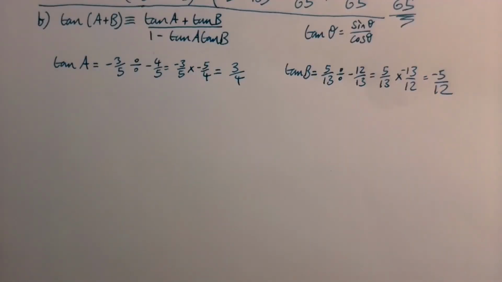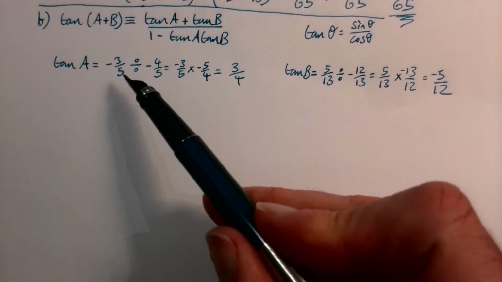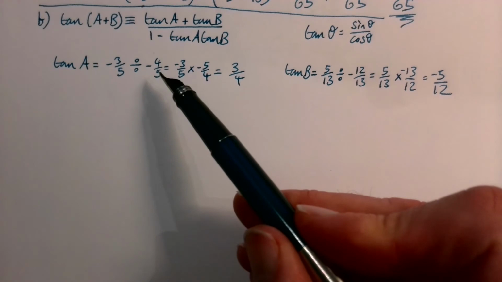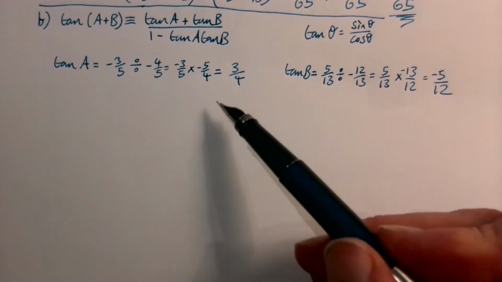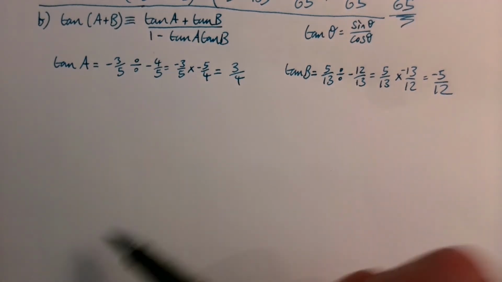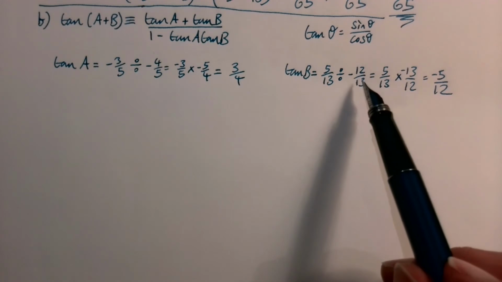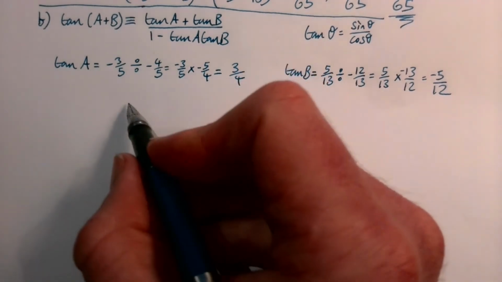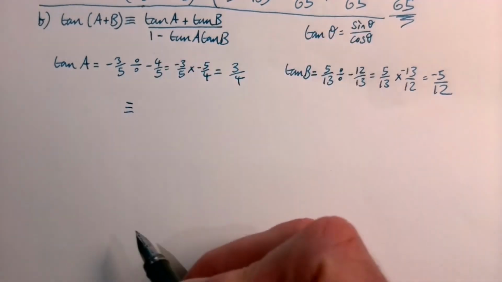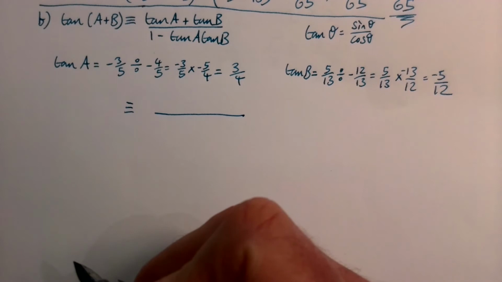So as a first step, you should have this. To find tan A, you take your sine A, which was -3/5, divide it by your cos A, which is -4/5. Do it with the calculator or by stage change flip, gives you 3/4. Then do the same process for tan B, being sine B divided by cos B, gets you -5/12. Then all we've got to do is plug those into here, and you can put this all in one big fraction inside your calculator.